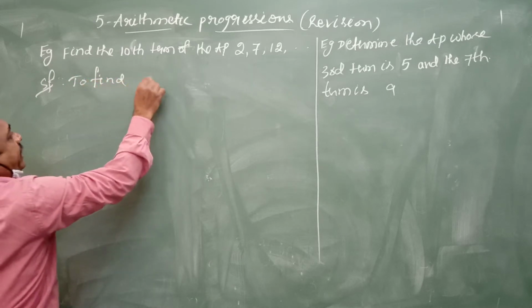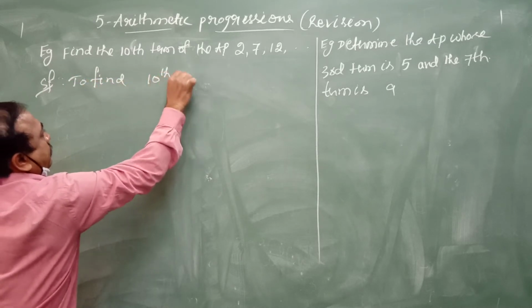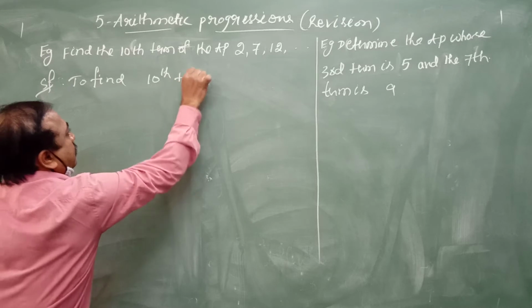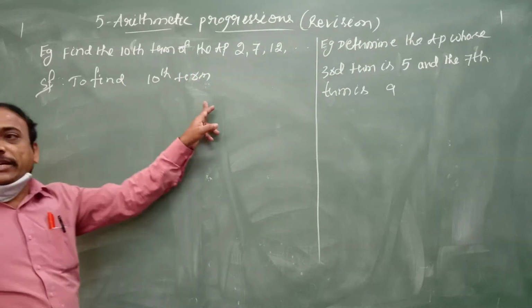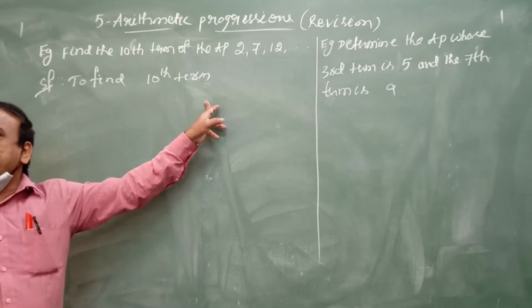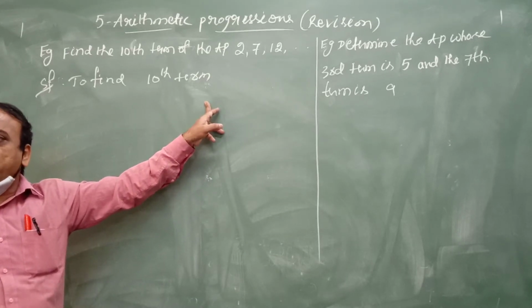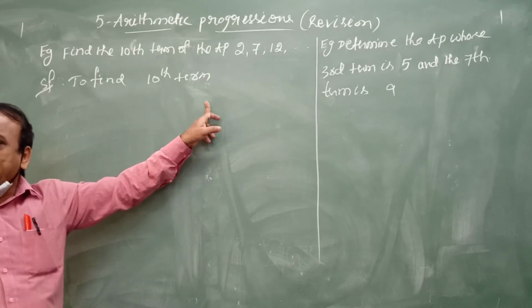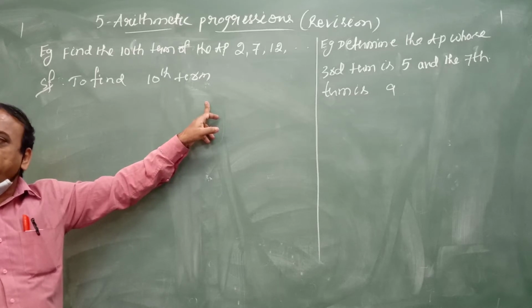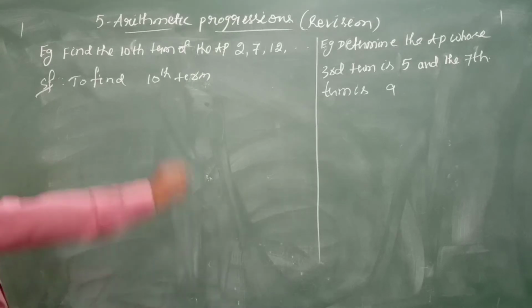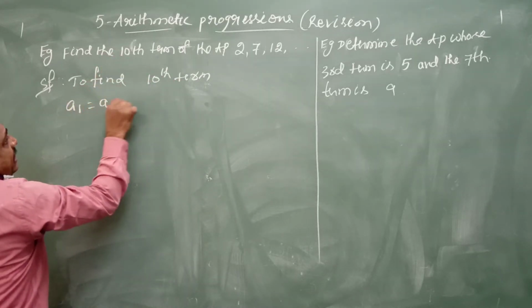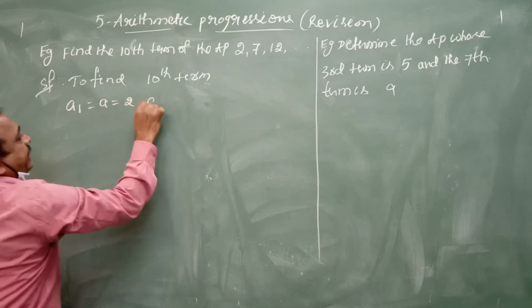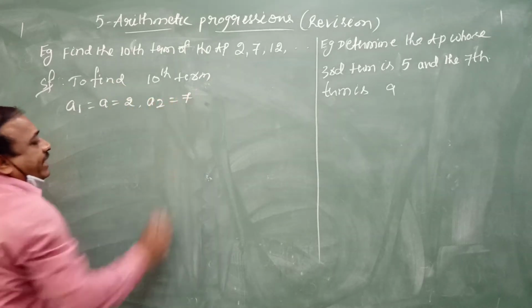To find the 10th term, we have the formula An is equal to A plus n minus 1 into D. In that, A is the first term, n is the number of terms, D is the common difference. So here, A1 is equal to 2, then A2 is equal to 7.